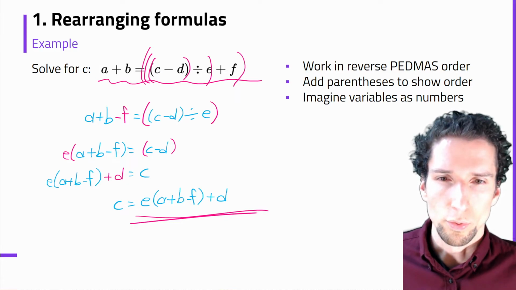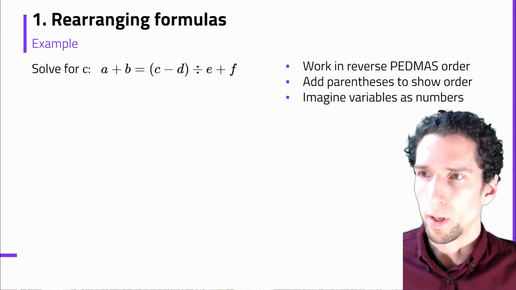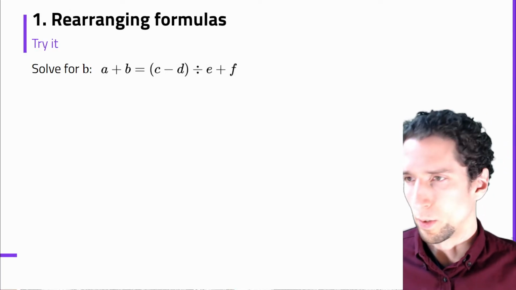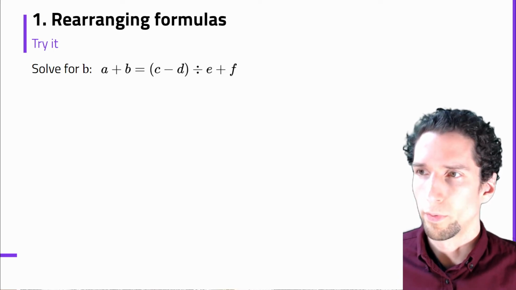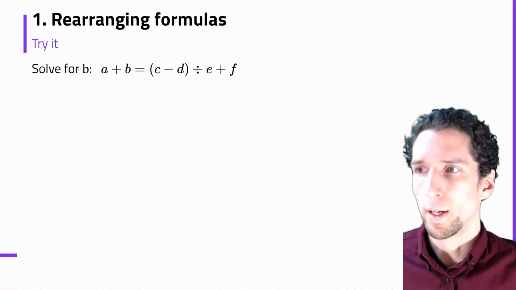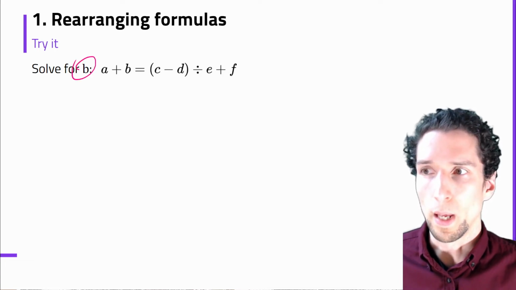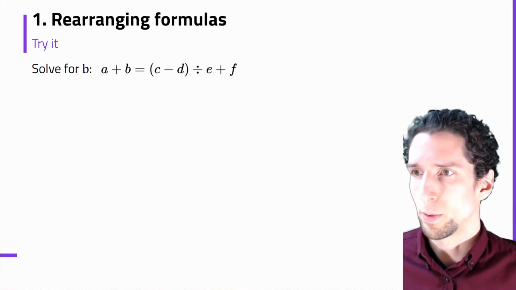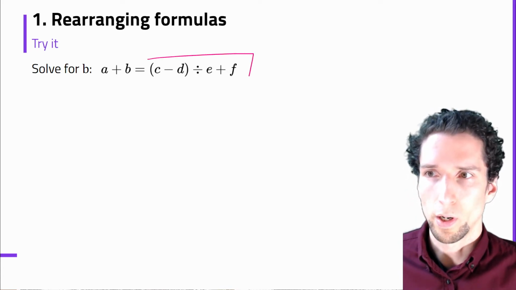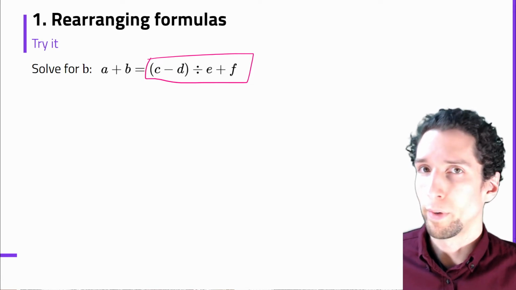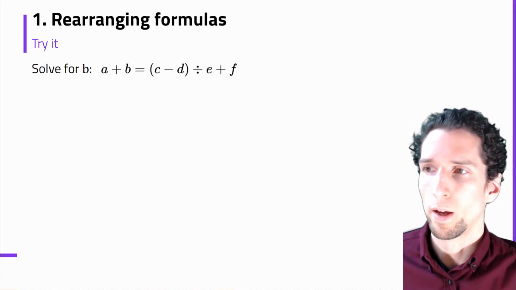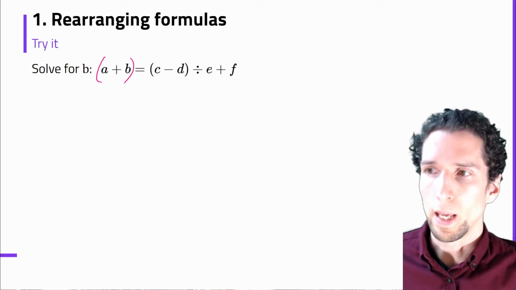But I can do that with the next example. Actually, maybe not, this one's pretty simple. So exact same original thing, but we're trying to solve for B. This one's actually pretty easy. All the stuff on the right is already isolated from B. We don't have to touch that. The only thing that we have is this A plus B here.